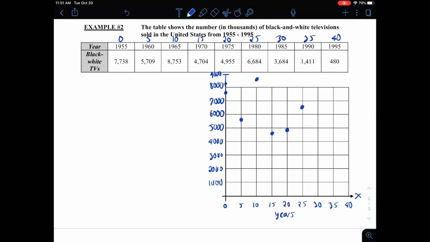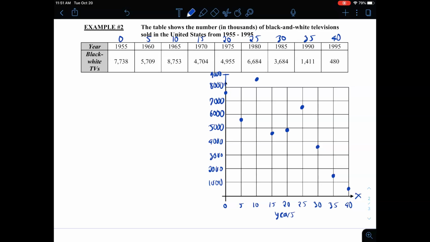Still a little bit above halfway. 3,684, still closer to 4,000. 1,411, so we're going to go a little bit underneath, between 1,000 and 2,000. And then 480, it's going to be about halfway, a little bit lower for year 40.